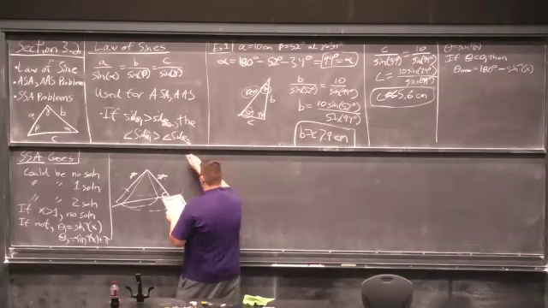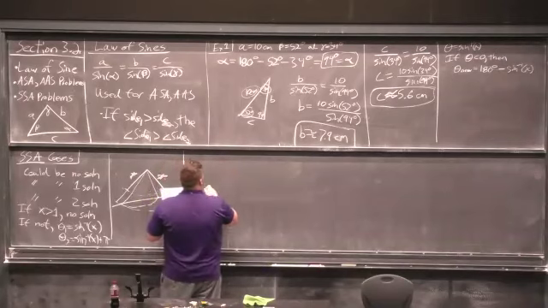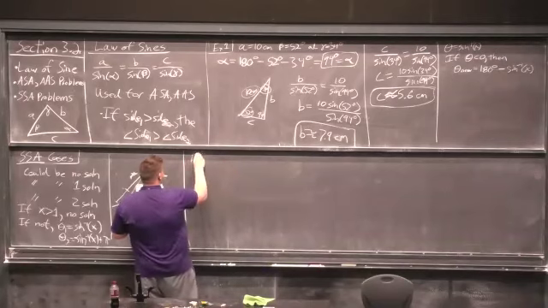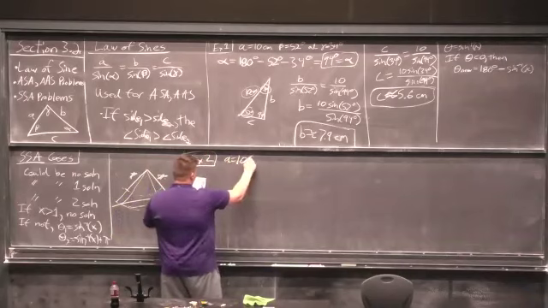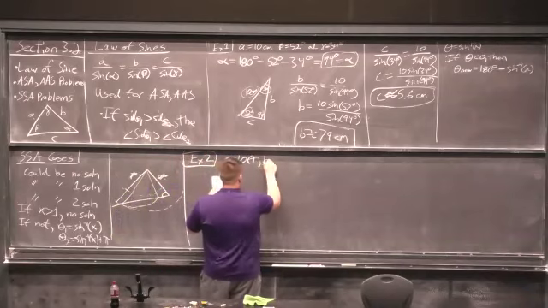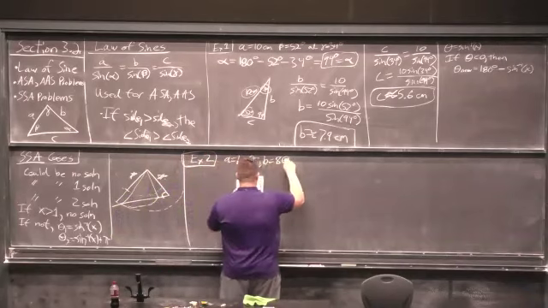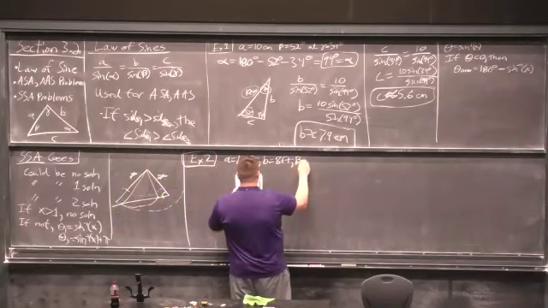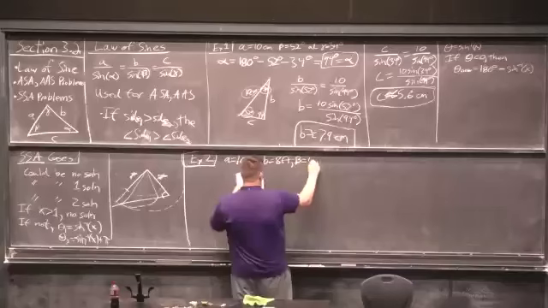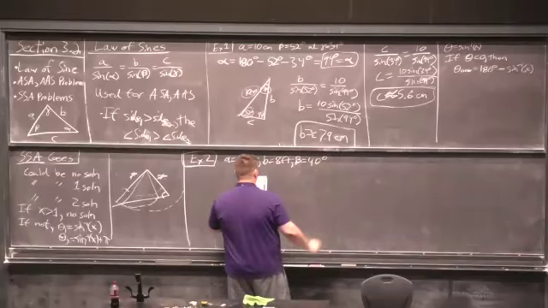So here is example 2. So we have A is equal to 10 feet. B is equal to 8 feet. And we have beta is equal to 40 degrees.